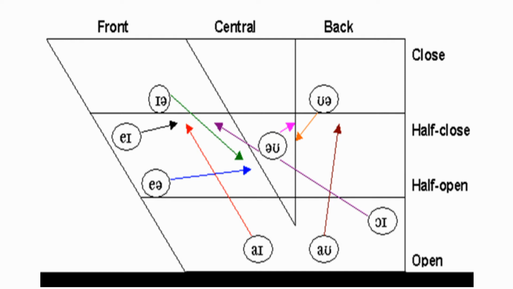The 3 were: number 1, A, number 2, I, number 3, Oi. These were the 3 first cluster diphthongs which glide towards E that we discussed yesterday.